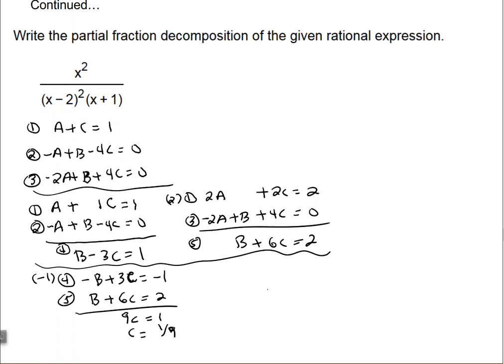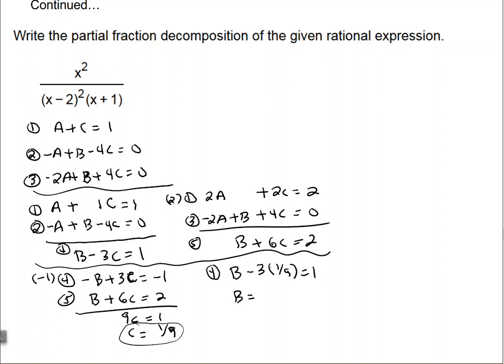Let's find the value of B. So using equation 4, and I'm going to circle this so I'll know where it is. Using equation 4, I'm going to find the value of B. And it doesn't matter, you could use 4 or 5 to find the value of B. So I have 3 times C, so that would be 3 times 1/9 equals 1.